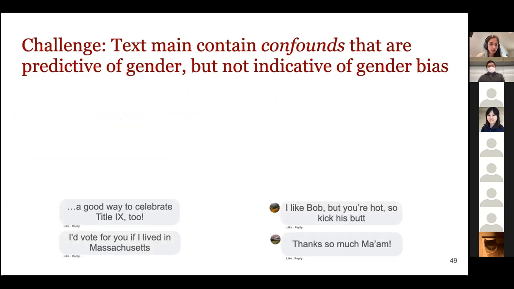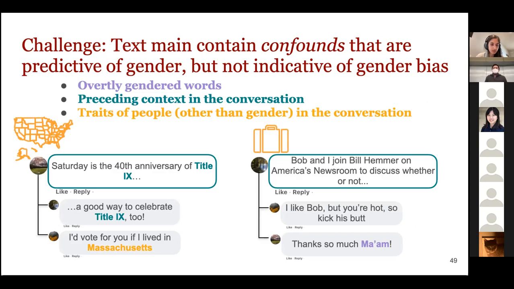So our main goal in this project is to identify this type of content that is predictive of gender but not indicative of bias, and reduce the influence of these confounding variables in our classification model. We want to prevent the model from learning this type of content in order to surface comments that do contain gender bias.